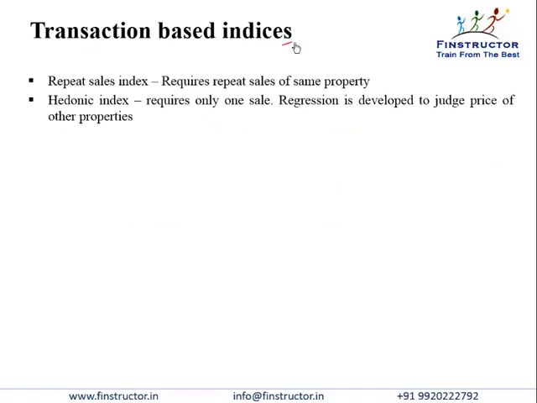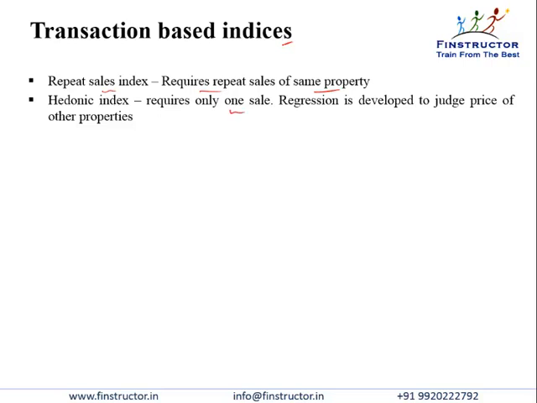In transaction-based indices, actual data is used. It's not appraisal data. So in a repeat sales index, we require the repeat sale of the same property for the index value to change. So if that property hasn't transacted, the value of that index won't change. In a hedonic index, we don't require that same property to transact, but we require some sale.